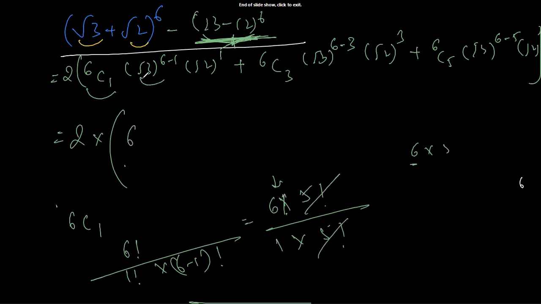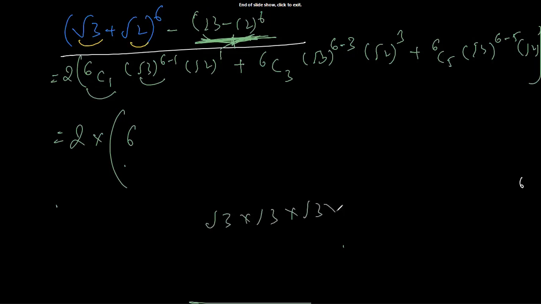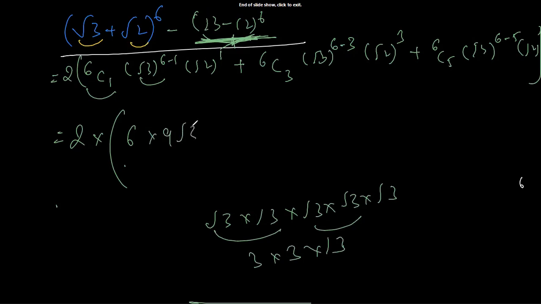So 6 root 3 raised to the power 6 minus 1, so 6 minus 1 is 5. So root 3 raised to the power 5 means you are just writing root 3 five times in multiplication. So root 3 is 3, this is also 3, and then root 3, that is 9 root 3. And this is root 2 raised to the power 1, means root 2.